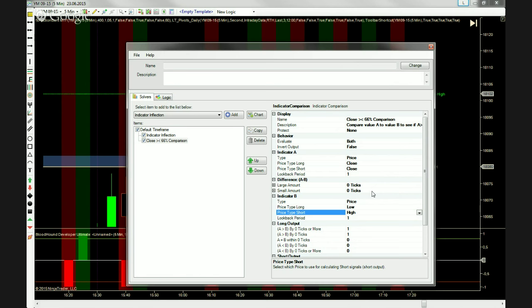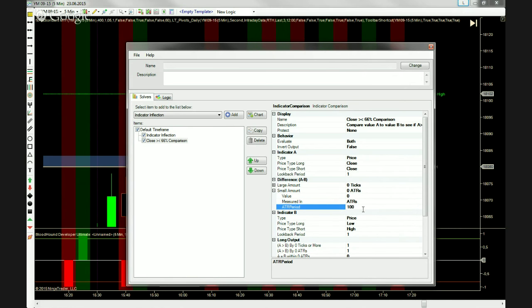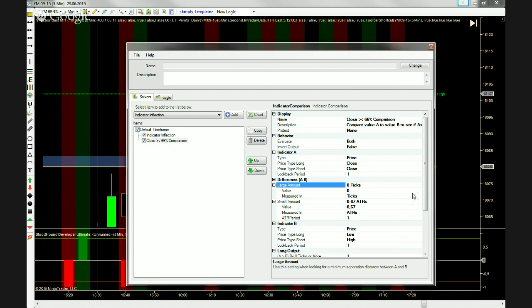And in order to make the calculation, we will go in here, change it from ticks to ATR, and we will compare with only one bar, and we will compare with 66, let's say 67% rounded up, and the same for the large amount.